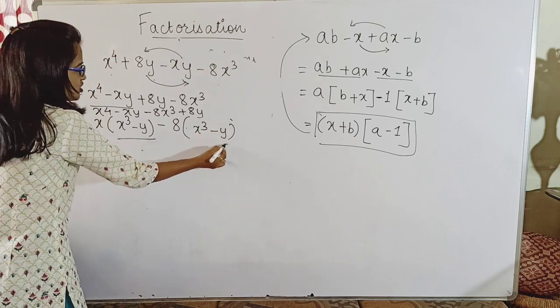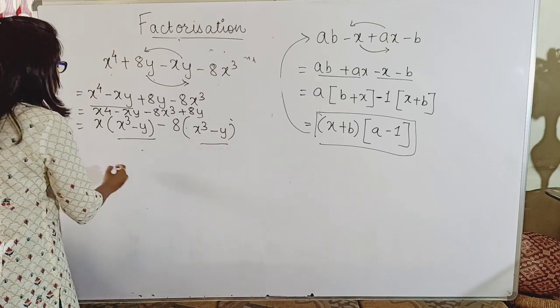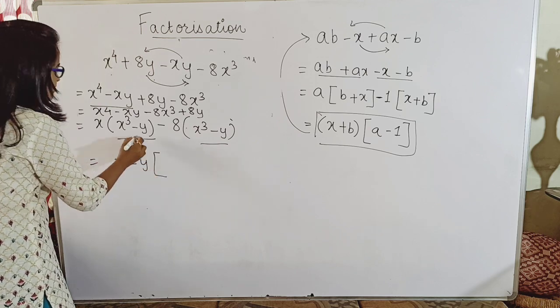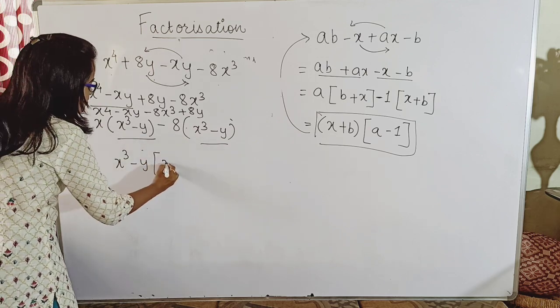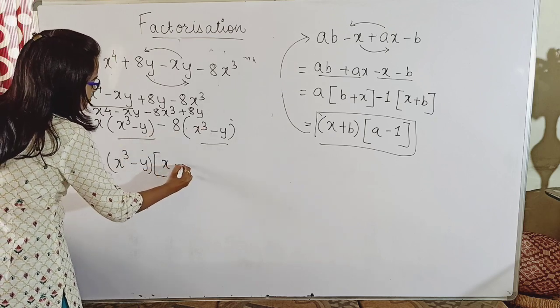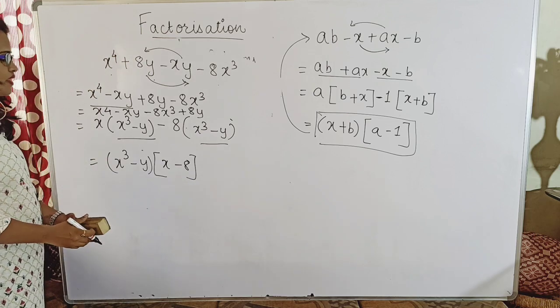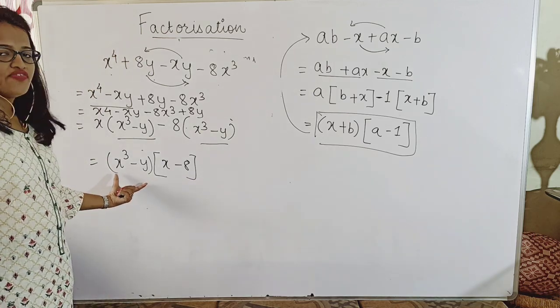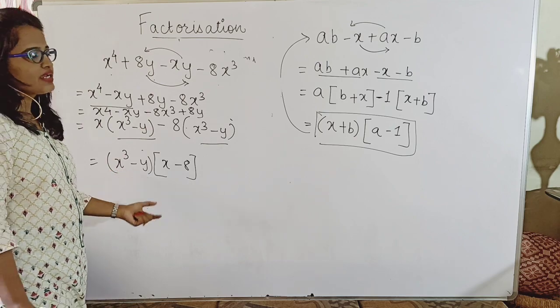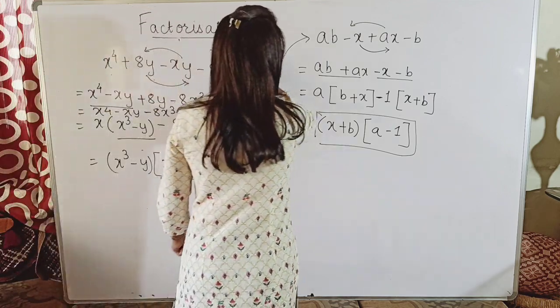So again you have got a common bracket. Let us take it. So x cube minus y, what is remaining? The bracket will get cancelled, x is remaining, whereas here also the bracket will get cancelled and minus 8 is remaining. Okay, so the factorization of the given expression is x cube minus y in the first bracket and x minus 8 in another bracket.